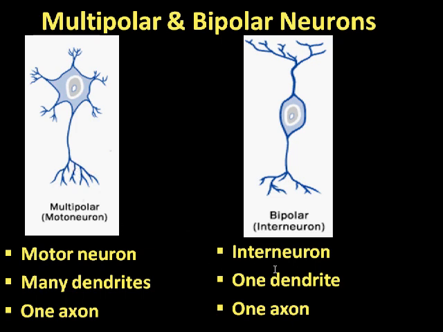The bipolar neuron has one dendrite, or basically one dendrite that has branches, one process up here, another process down here that is the axon. So this branch here is not an axon. It can be easily mistaken. This is all dendrite material.